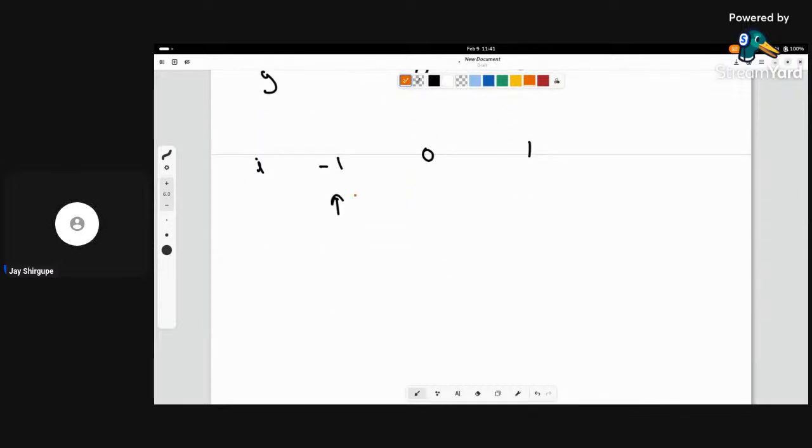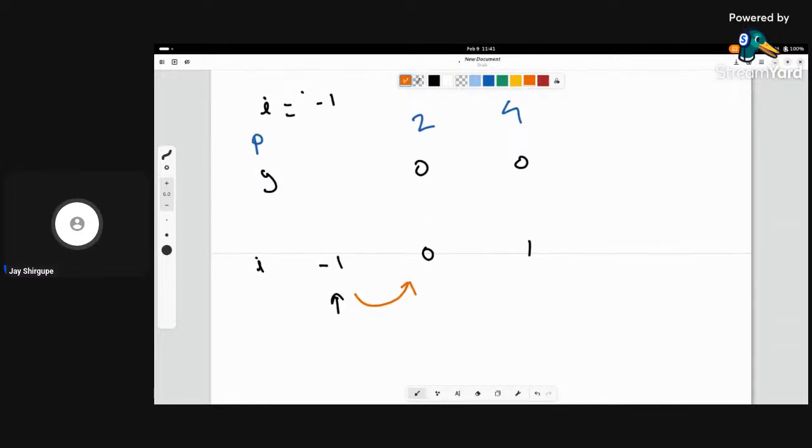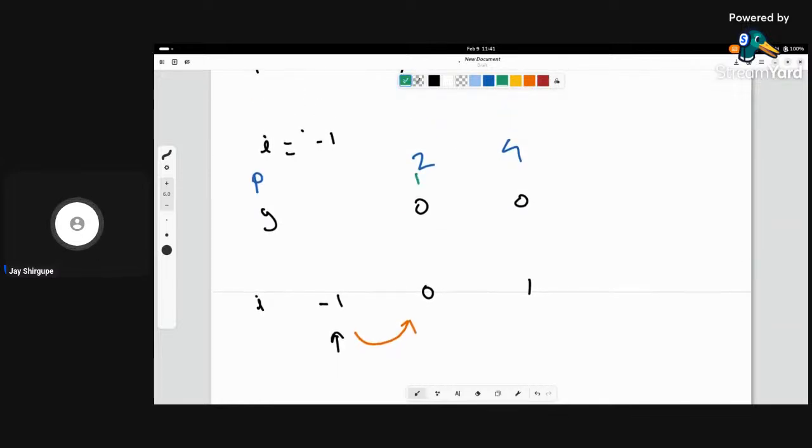Now in the first move, you are at -1, increment your current index by 1 and go to 0. That would correspond to adding this 2 to this 0. So you were at -1, you did a move, you came to 0, and once you do that, these points would be added to the current game score at this index. It was 0, it became 0 plus 2 equal to 2.